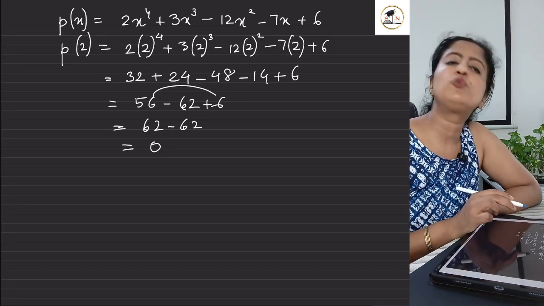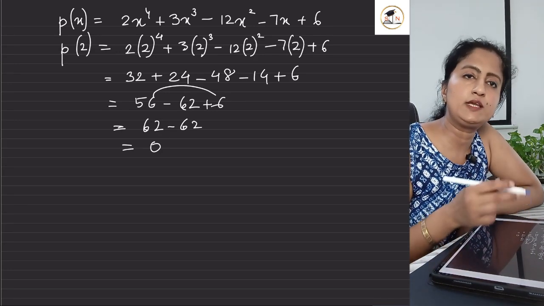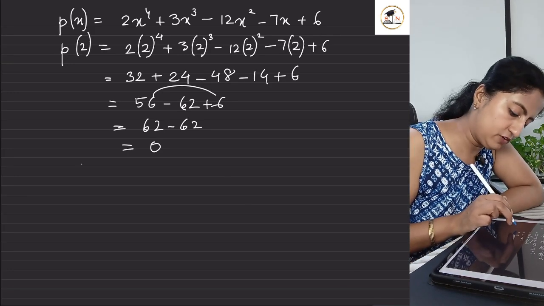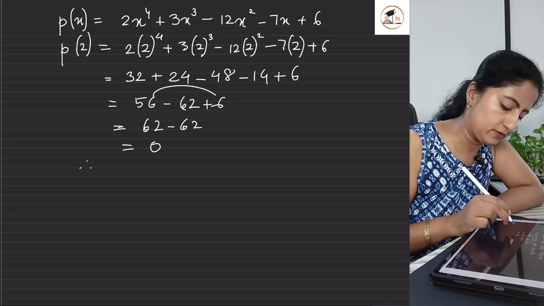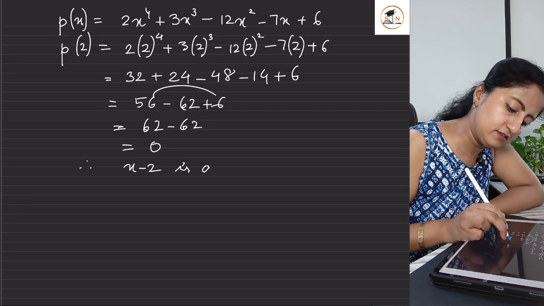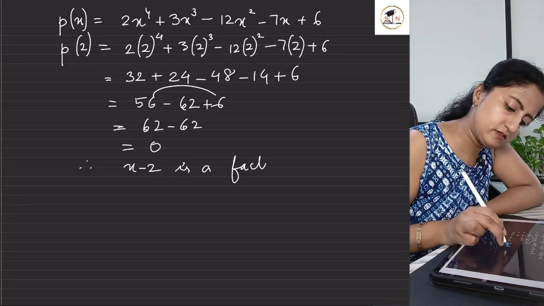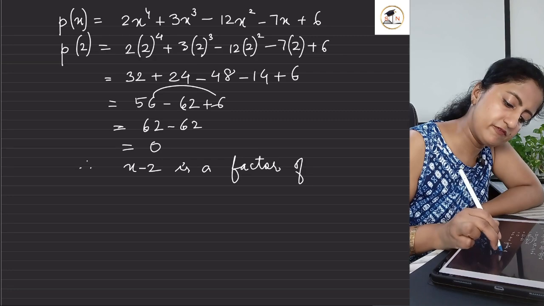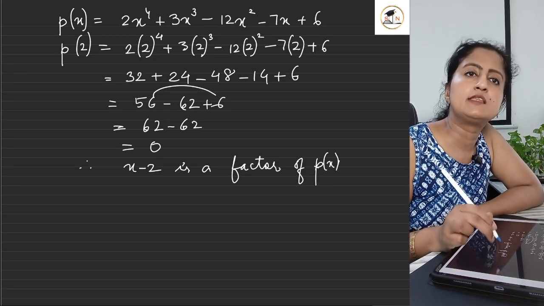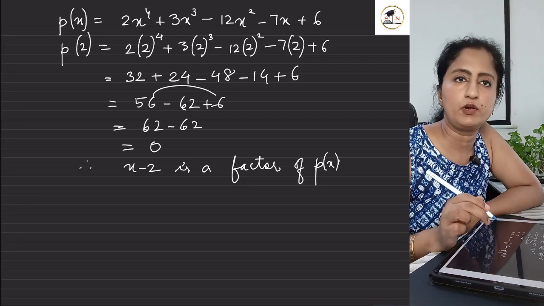That means 2 is definitely a zero, or we can say that x - 2 is definitely a factor. And we will conclude over here for this one. Therefore, x - 2 is a factor of p(x). See, over here I just wrote p(x). This is the benefit of naming a polynomial.